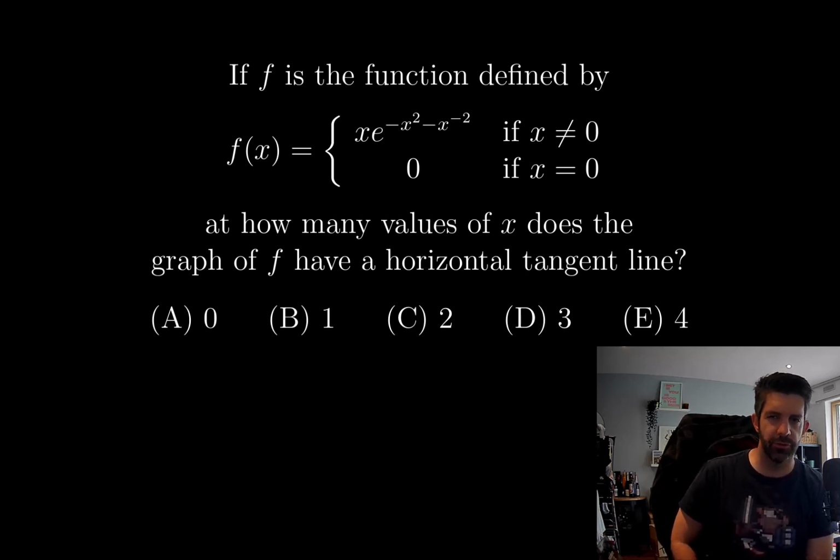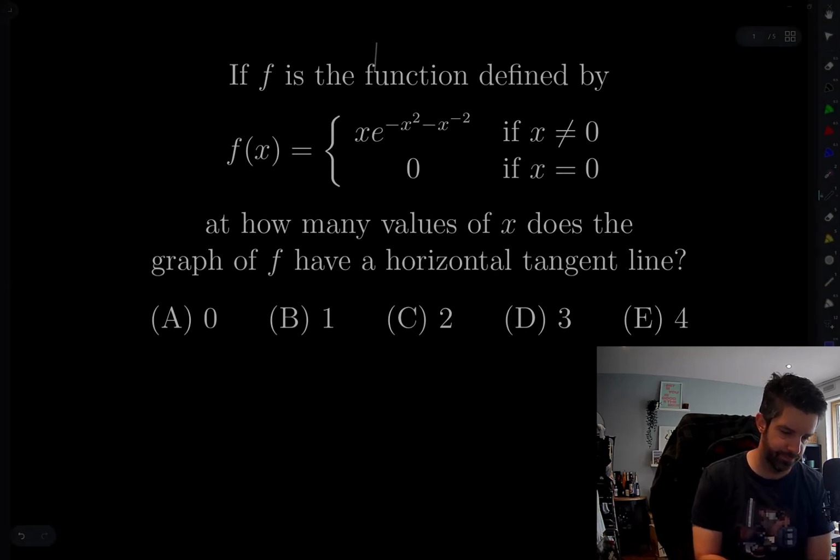What does the graph of this thing even look like? I mean, it's equal to 0 when x is equal to 0. It's an odd function also.